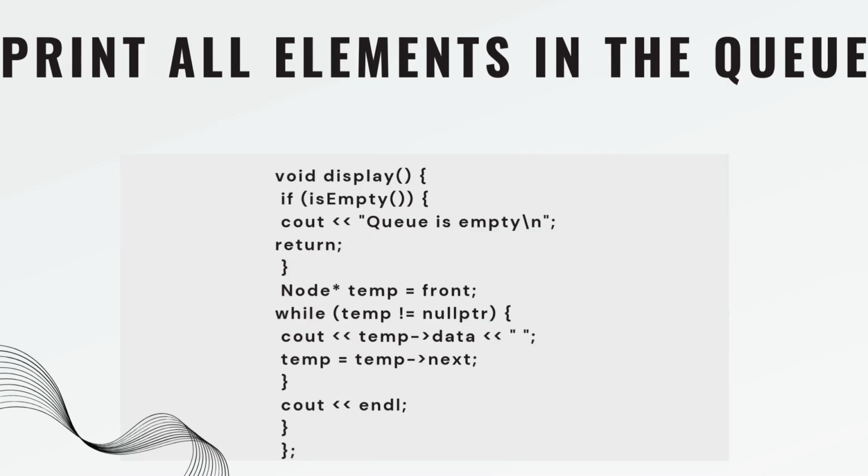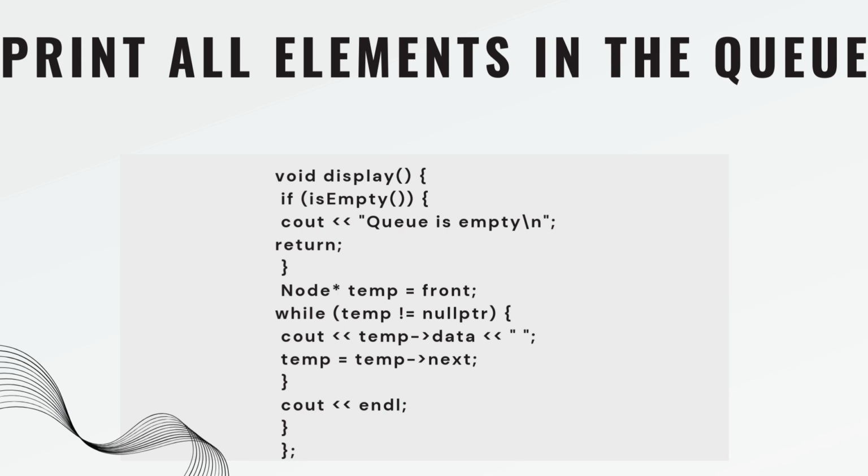Okay, so next they ask to print all the elements in the queue. So to print all the elements, the code must be this: void display, if isEmpty, cout << "Queue is empty"; return; and Node* temp = front; while temp != nullptr, cout << temp->data, temp = temp->next.